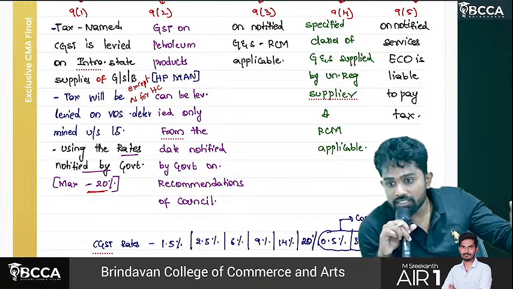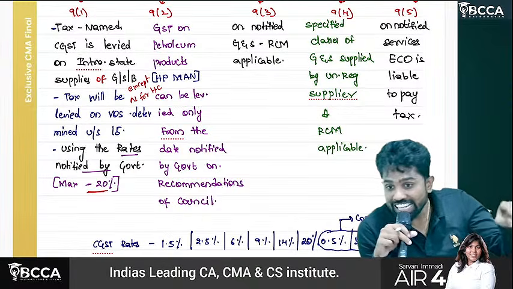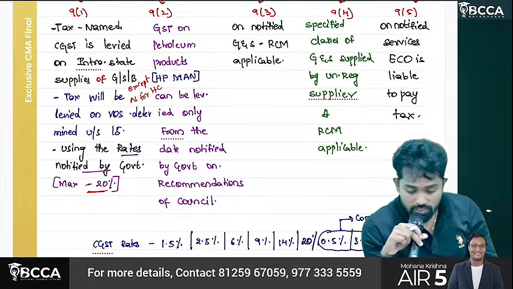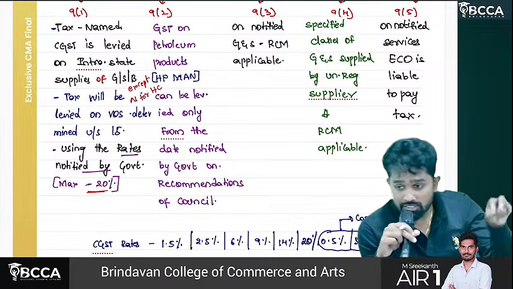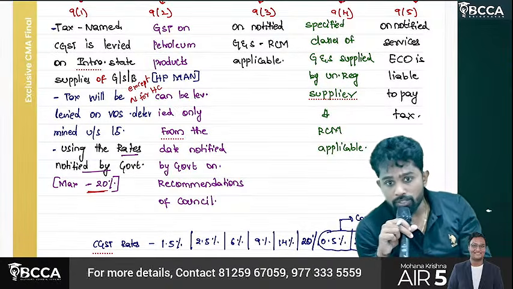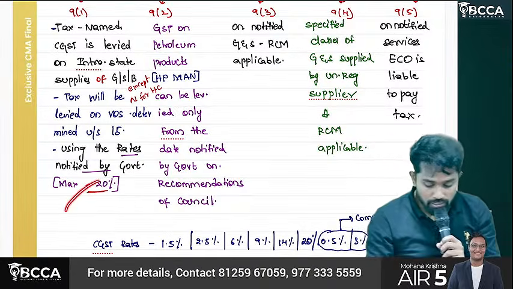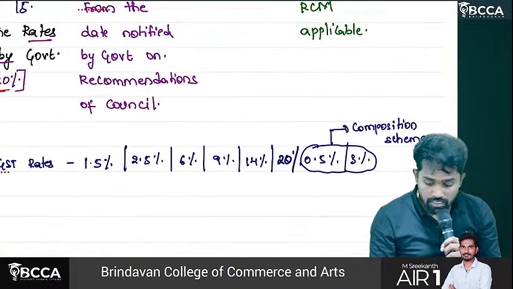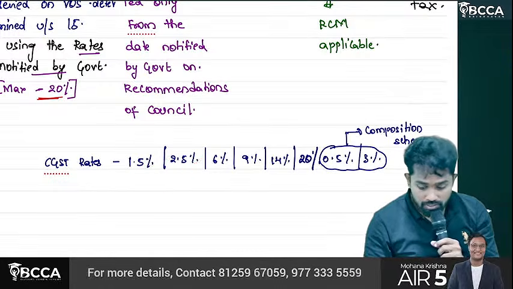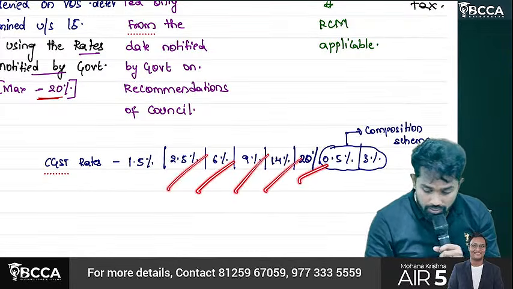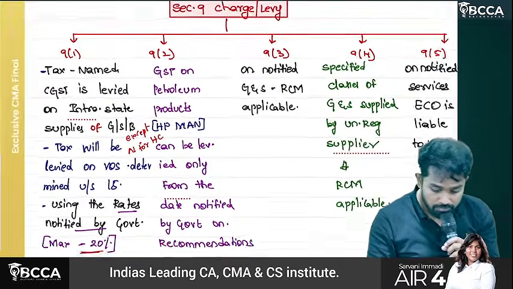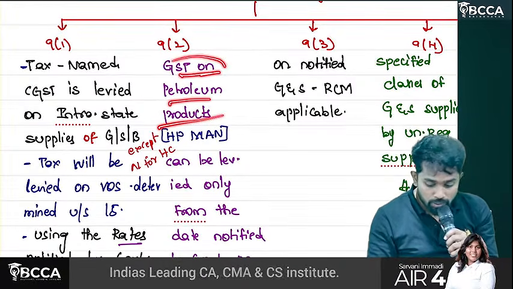So a tax named CGST is levied on intrastate supply of goods, services or both, except alcoholic liquor for human consumption, and such tax will be levied on the value of supply using the rates notified by the government. Maximum rate is how much? 20%. Then the currently applicable rates are 1.5%, 2.5, 6, 9, 14, 20, and for composition scheme persons 0.5 and 3%.